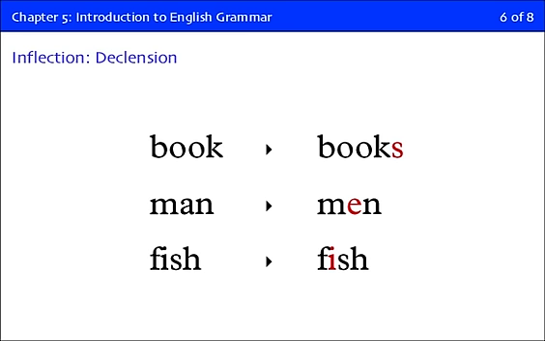And so man goes to men. And then there's another pattern that doesn't differentiate number. And so fish goes to fish. In other words, you can have one fish or you can have a whole bunch of fish, and the singular and plural forms are the same. So all that I want you to see at this point is that words will follow different inflectional patterns.